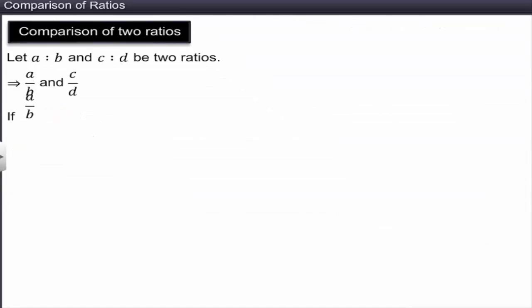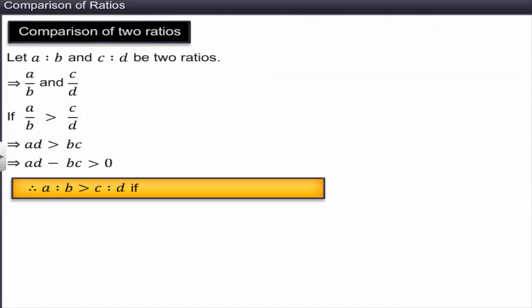If A by B is greater than C by D, then by cross multiplication, we get product AD is greater than product BC, or the difference between the products is greater than 0. Therefore, A is to B is greater than C is to D if AD is greater than BC, or AD minus BC is greater than 0.